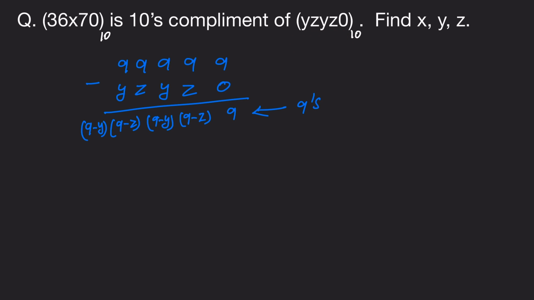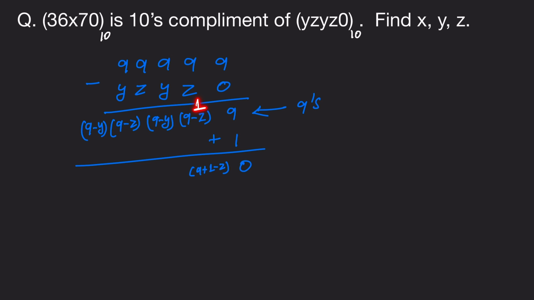And for finding the tens complement, we simply have to add 1 to the nines complement. So 9 plus 1 minus z. 9 plus 1 becomes 0 and 1 carry.